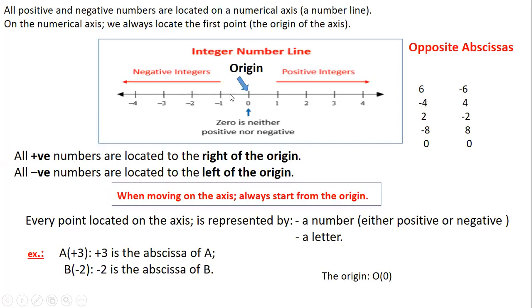But it's very important to know that, as Razan said, the first point we locate on the number line is the origin. The origin is a very important point because it is 0. The origin is always 0. As you can see, to the right of the 0, we write all the positive integers or numbers, and to the left of the 0, we write all the negative integers or numbers. As we said before, 0 is neither positive nor negative.